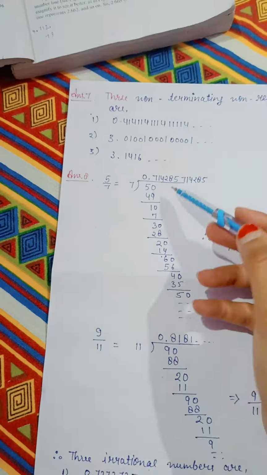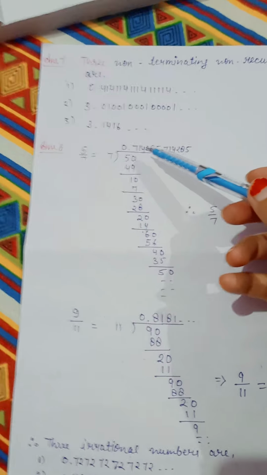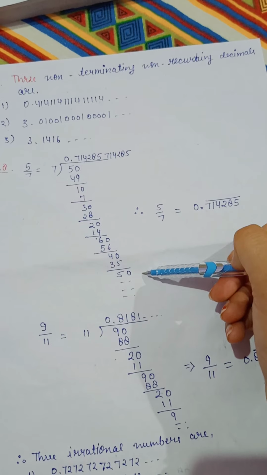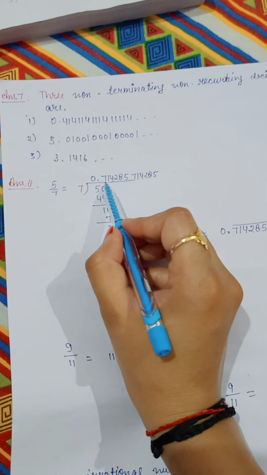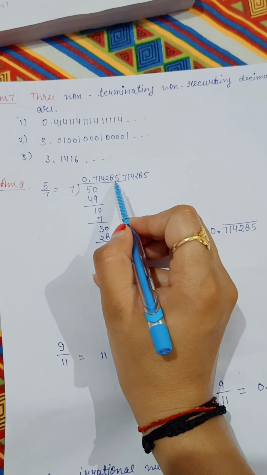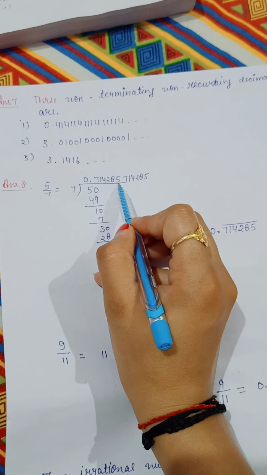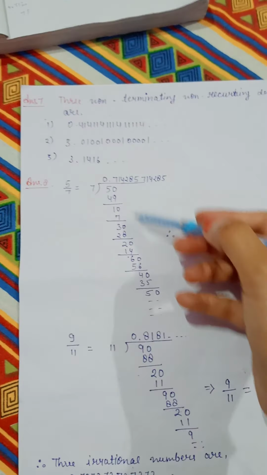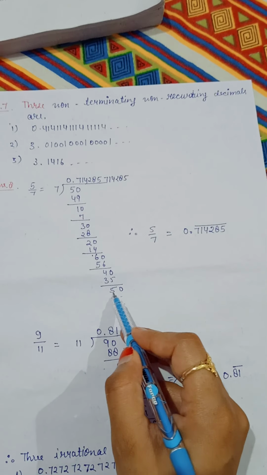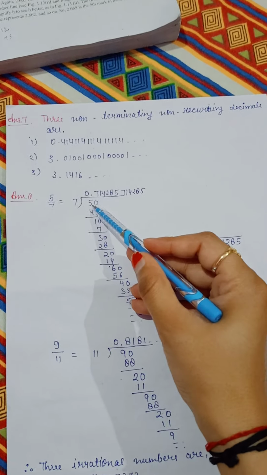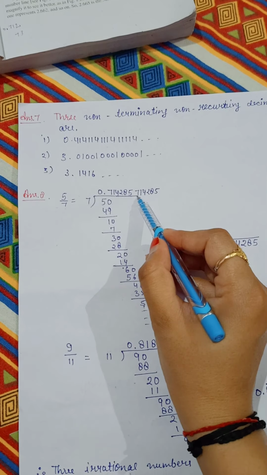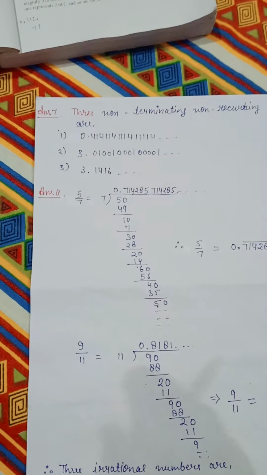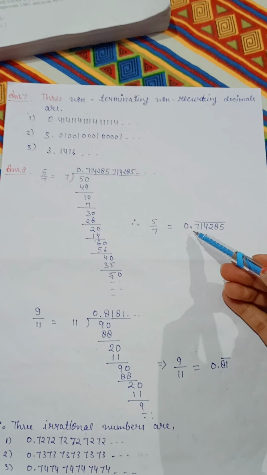So when we apply the long division method, we get this type of solution. Here we see 7 1 4 2 8 5, and when we proceed, at the last we find 5 again, which is at the start. So we can say it will repeat and repeat.